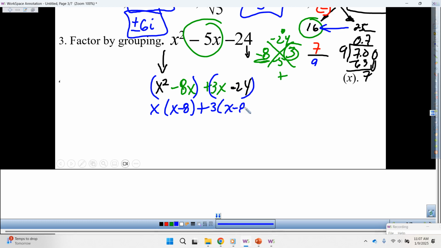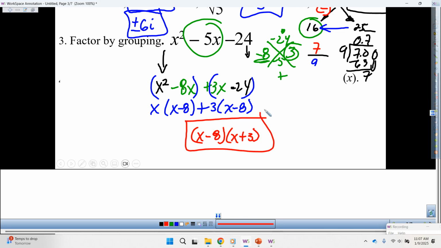X minus 8. So my factors are... that is correct. By now that should be automatic.